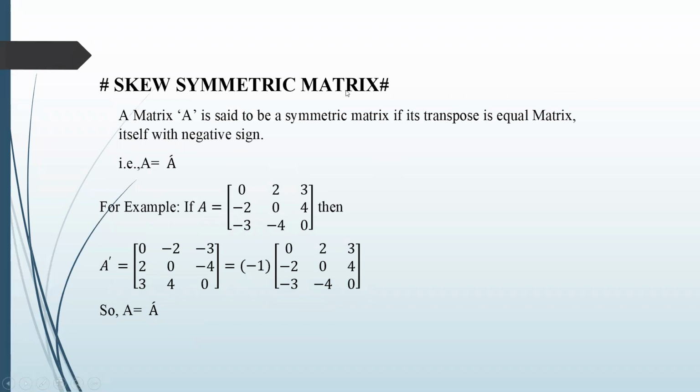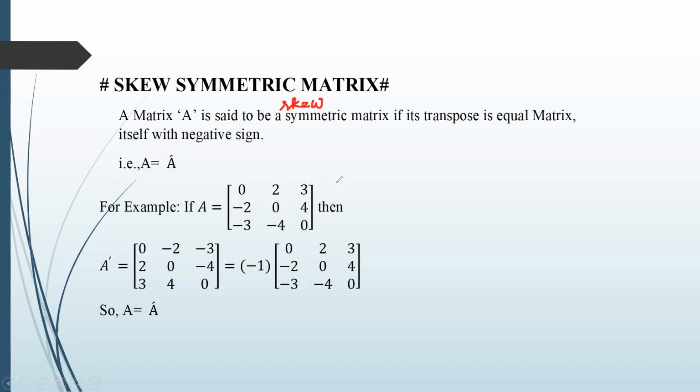Skew symmetric matrix. A matrix A is said to be a skew symmetric matrix if its transpose is equal to the matrix itself with a negative sign. Okay, this is skew. So let us take one example. We have A equal to 0 2 3, minus 2 0 4, minus 3 minus 4 0.